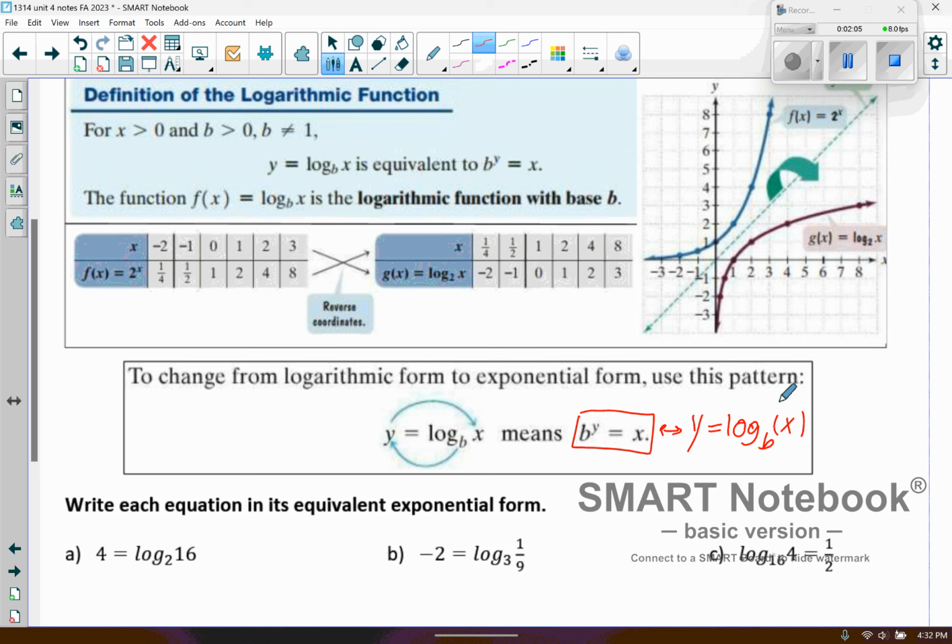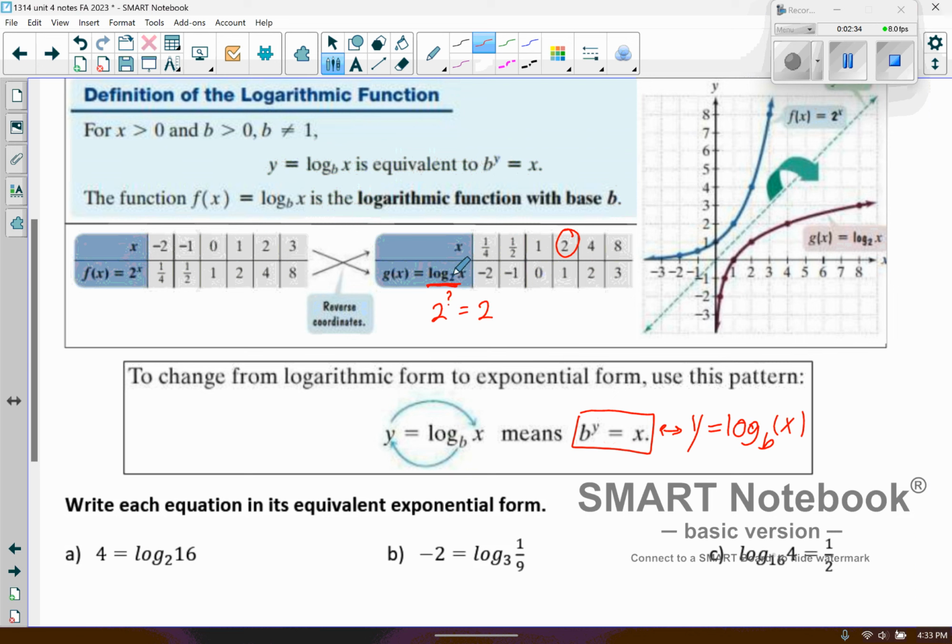Let's look at the example we have up above: log base 2 of x. If you plug in different x values, for example a 2, what you're asking yourself is, 2 to what power would give me 2?